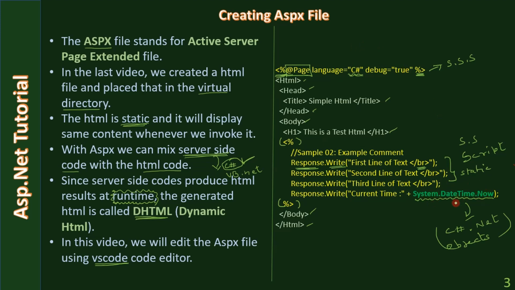Then you can use the .NET framework objects inside your server-side script. Here we are simply using DateTime from the System namespace and making a call to Now, so that tells the current time. This piece of code is dynamic content, and each time you run this, it will display a different time in the browser.